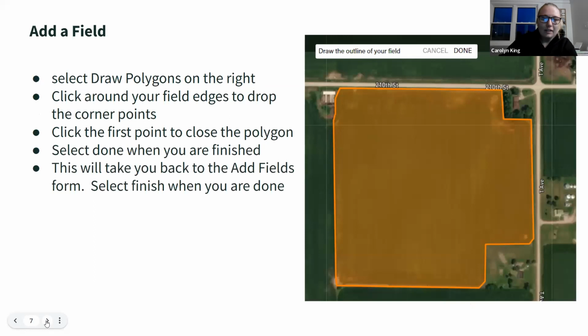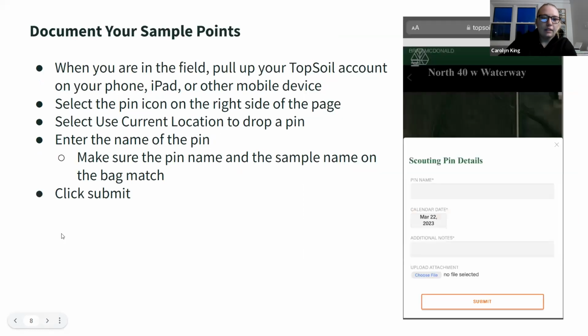So anyway, get that put in, click submit and finish, and then your boundary itself is in there. So once that's taken care of, you can pull soil samples. In order to document the sample points, there's kind of a couple layers to this.